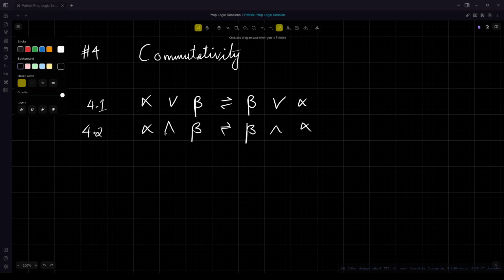I would say conditional. No, conditionals are not. I mean biconditional. Yes. Biconditional is a symmetric sort of operator, which is why you can apply commutativity to biconditionals as well.